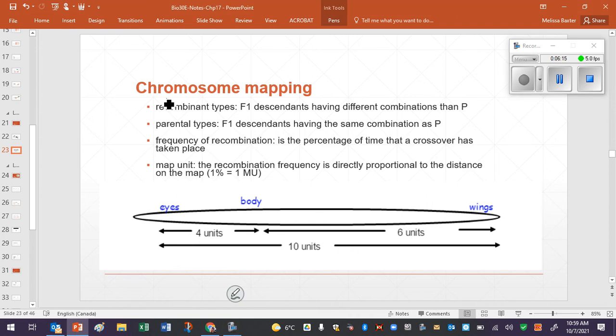The first one is a recombinant type. This is what we would use to describe F1 descendants, so offspring in the first filial generation, that have different combinations than the parental generation.